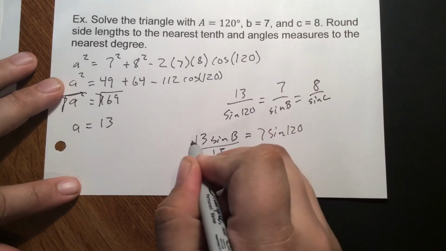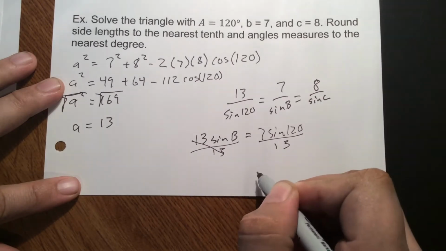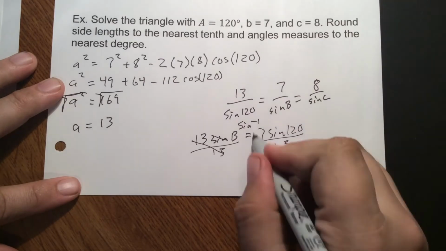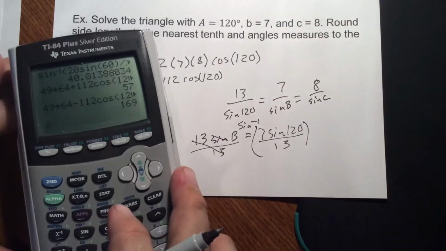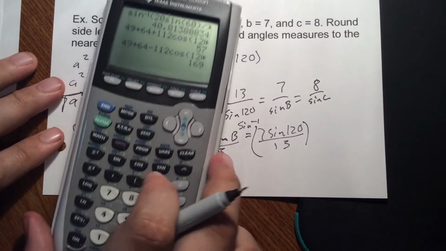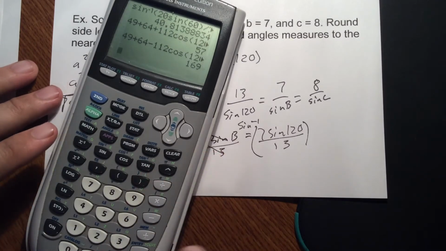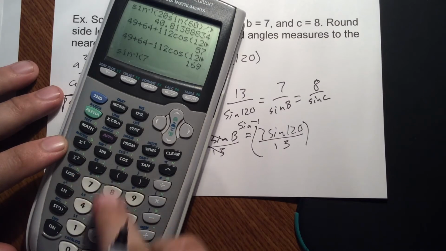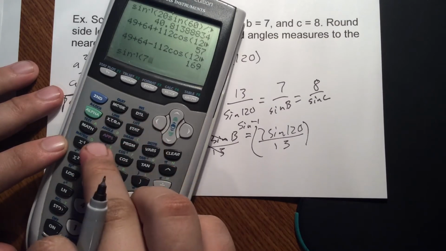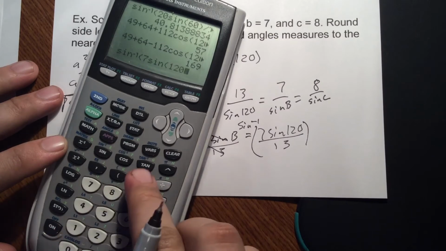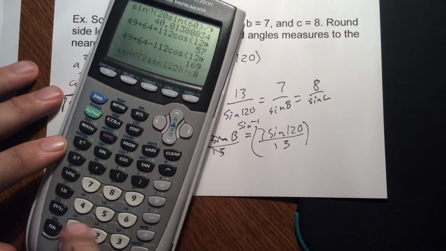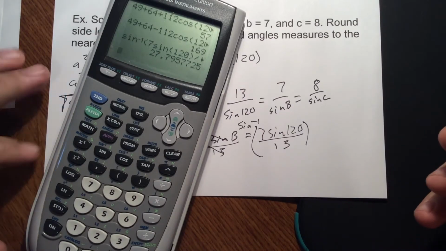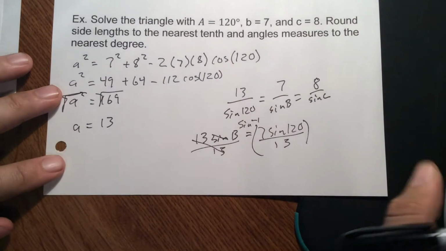So we would divide by 13 first, and then we would do the sine inverse of our fraction here. So second sine of 7 sine of 120. Make sure you close those. Divide by 13. We get 27.8, so let's call this 28 degrees.